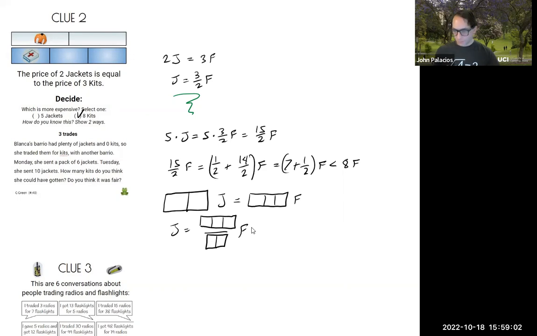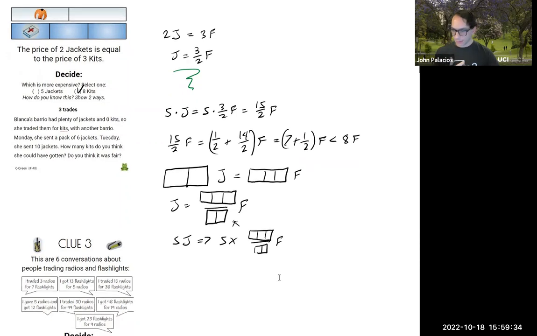Okay, so 5 jackets can be rewritten or drawn as 5 times this picture here. And that's the 3 blocks on top over the 2 blocks underneath times F. So this is 5 times 3/2 F, which might be a way that you would verbalize this in words.